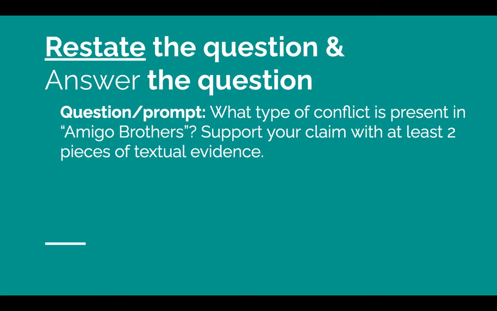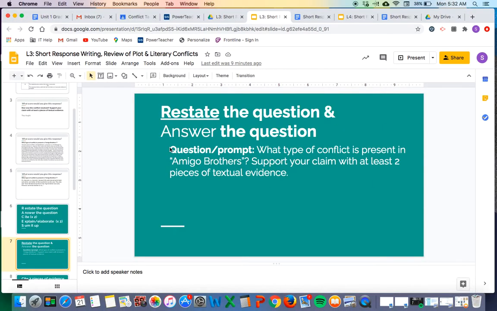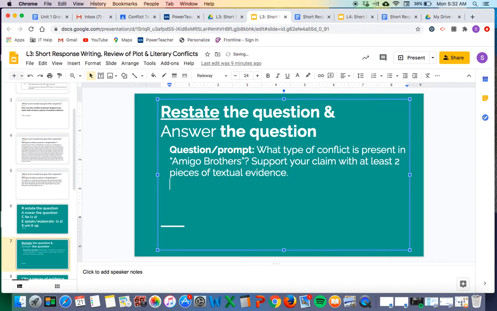So restating and answering the question means using language from the question and also giving your opinion or answer to the question. So in the example of, what type of conflict is present in Amigo Brothers, support your claim with at least 2 pieces of textual evidence, you would use some of this language. You'd say, "The conflict present in Amigo Brothers." So notice this is the same words as what's here in the question. This is how we are restating the question, right?